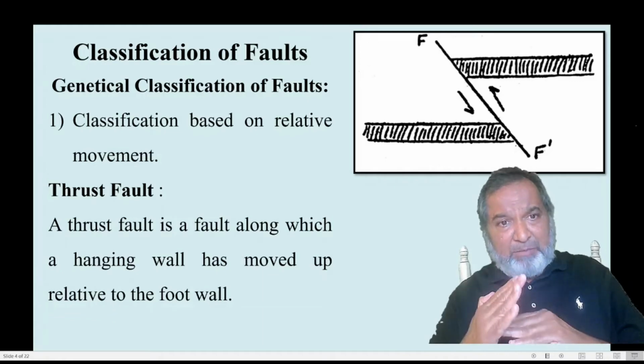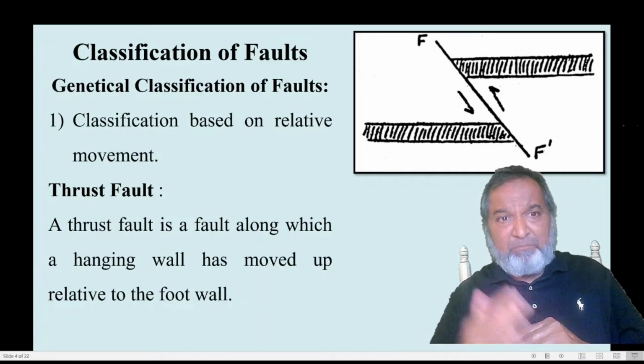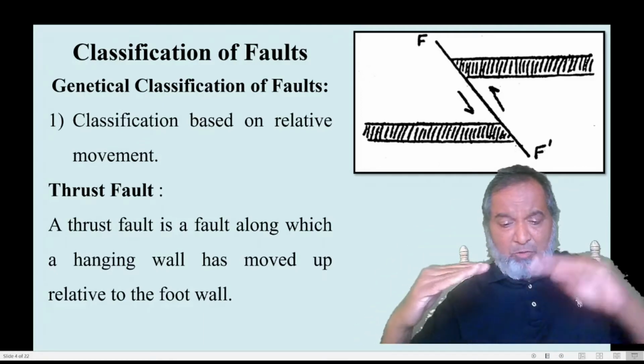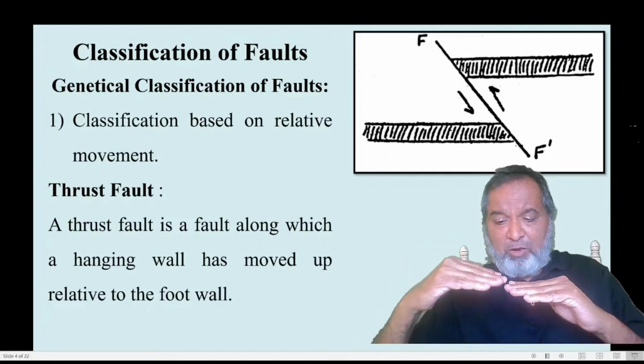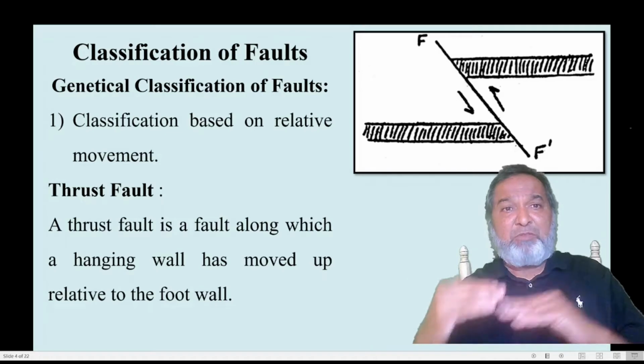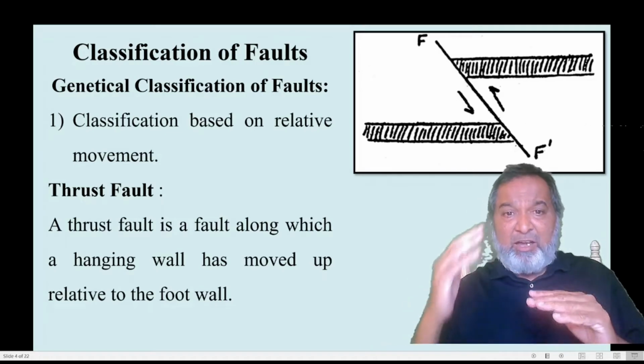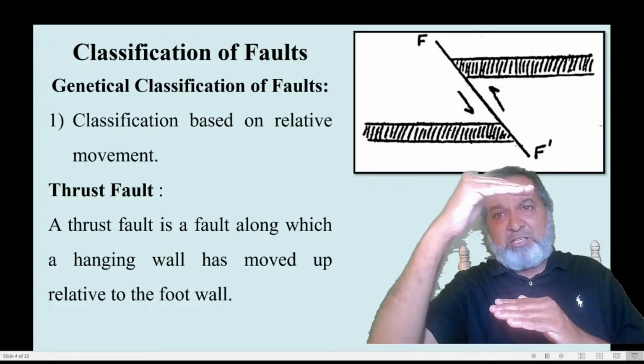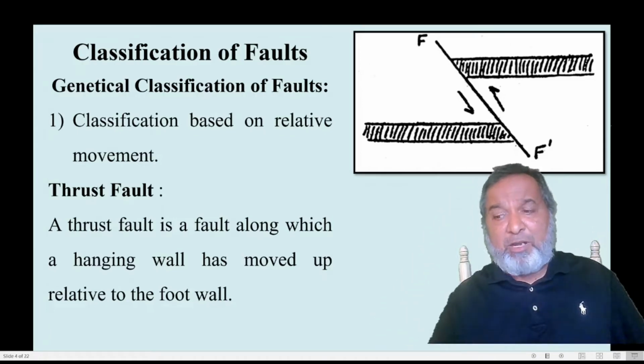In this first fault, the thrust fault, the hanging wall has gone up with respect to the footwall. So in this relative movement, in the diagram you can see the hanging wall has gone up and the footwall has gone down.